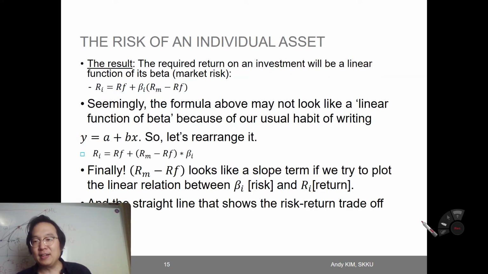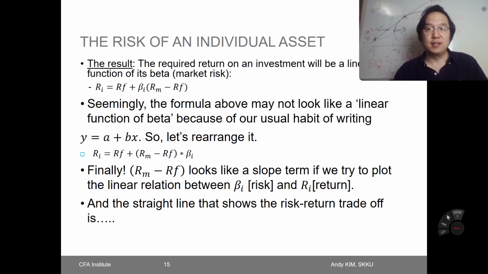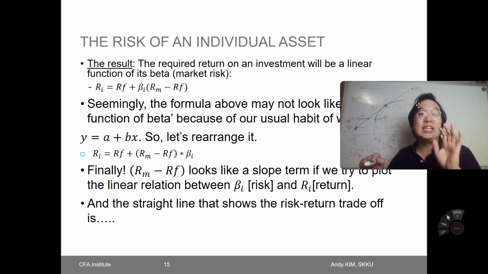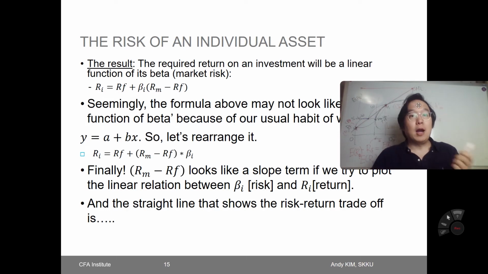Now, the risk of an individual asset. The required return on an investment will be a linear function of its beta market risk. Okay, Ri should be equal to Rf plus beta I, Rm minus Rf.